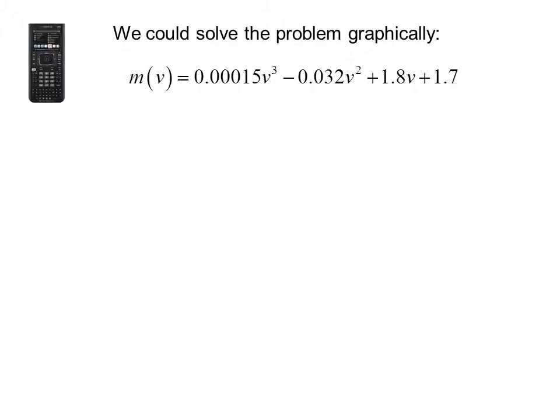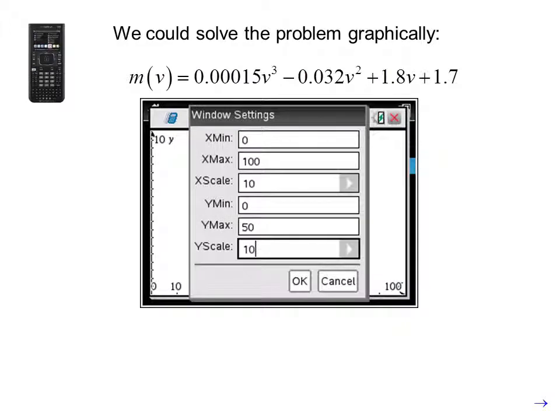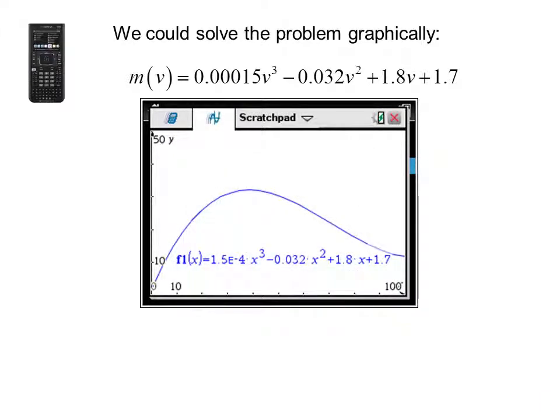We could solve the problem graphically. If we choose our window settings so x goes from 0 to 100, representing 100 miles per hour, and y goes from 0 to 50, representing miles per gallon, we get this curve.